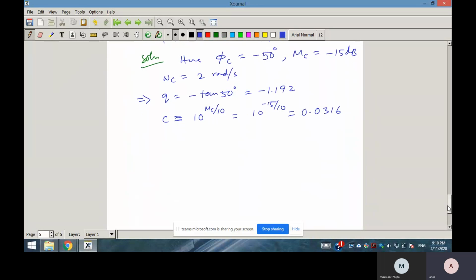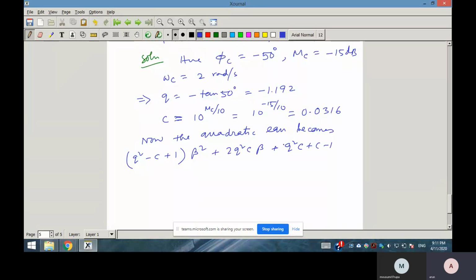So anyway, now the quadratic equation becomes (q square minus c plus 1) into beta square plus 2q square c beta plus (q square c plus c minus 1) into c is less than 0.